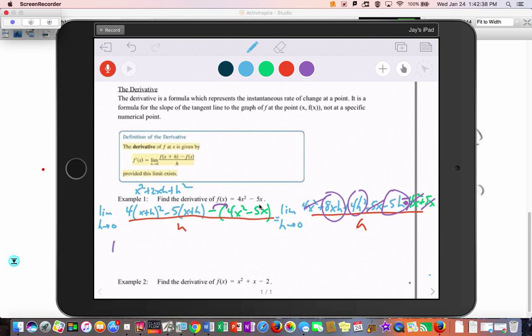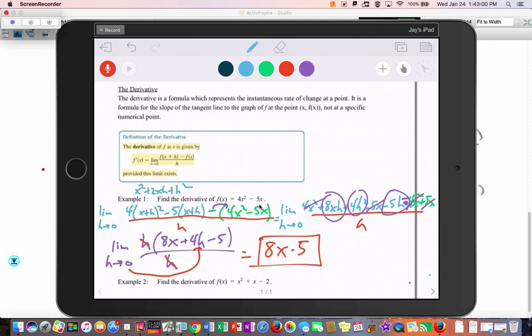And I do the limit as h goes to 0. I factor out an h. That leaves 8x plus 4h minus 5. Now if you cross those off and then put the 0 in there finally, I'm left with 8x minus 5 for my derivative.